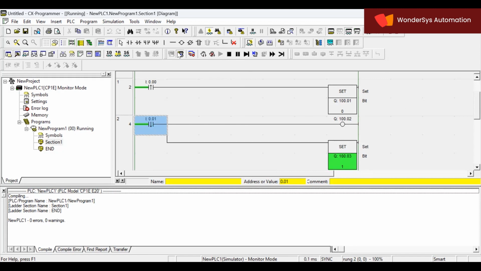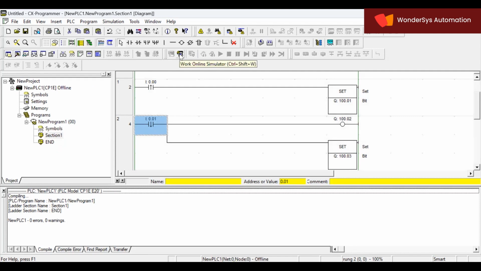One more thing, ma'am. When the set is used on the negative side, are we using the reset button also? Yes, see, here in this program, I have not taken a reset. I have just taken set.